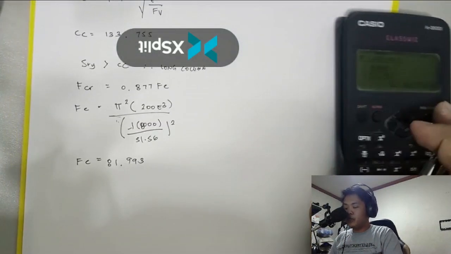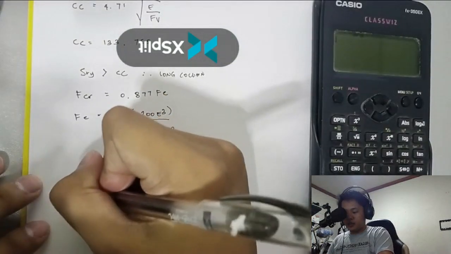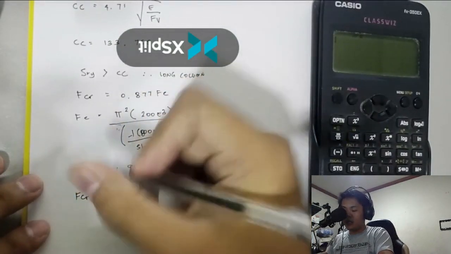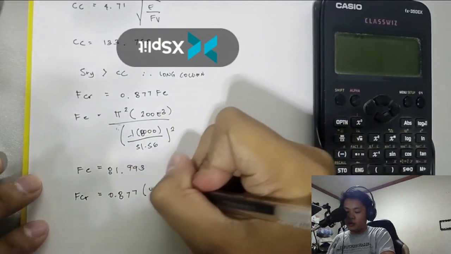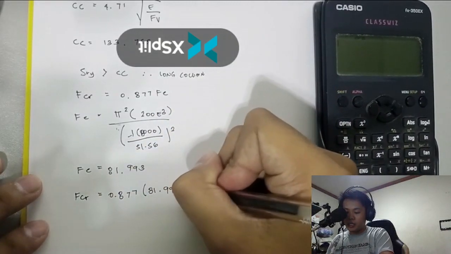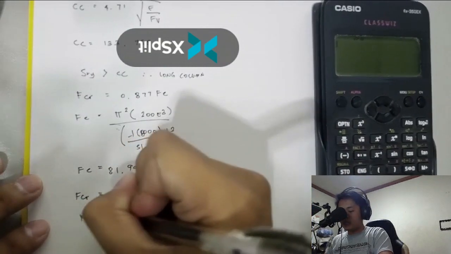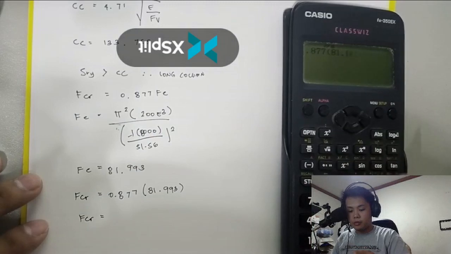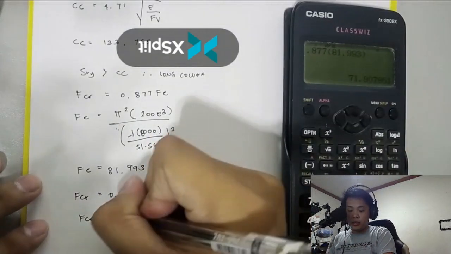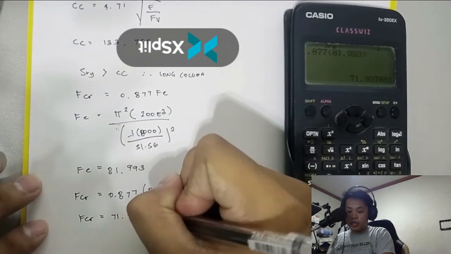So to solve naman yung FCR, yung FCR natin is equal daw siya sa 0.877 ng FE, which is 81.993. So yung FCR natin ay 71.908 MPa.